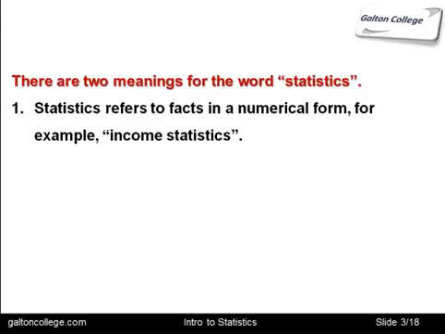With income statistics, we may consider the average incomes of males or females, or average incomes in a certain region, within a certain country, or within a certain industry. So there are different ways of looking at income statistics, but it refers to numerical data.